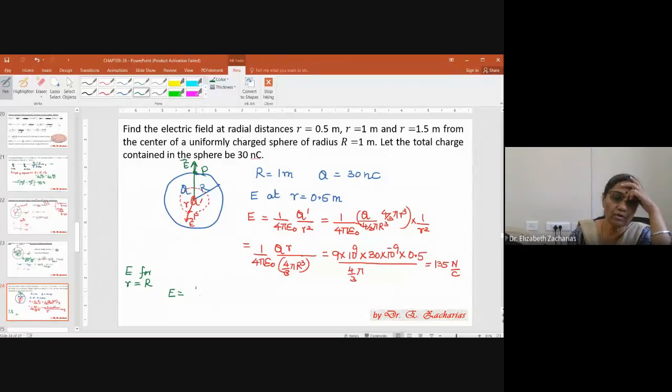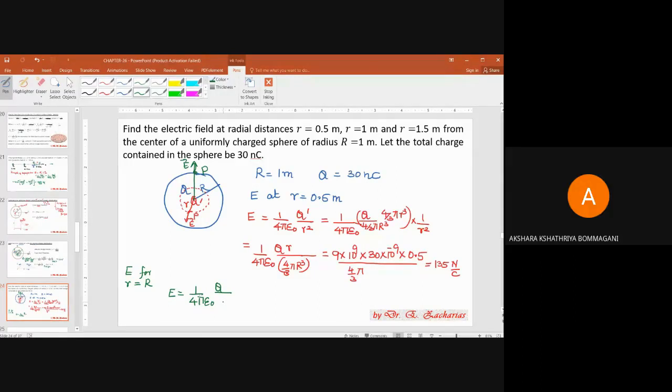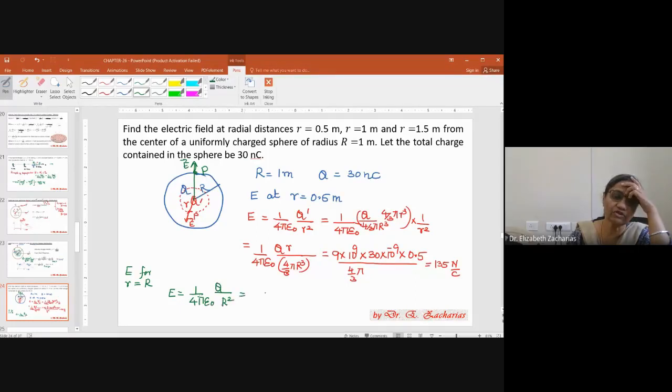So it will be 1 by 4 pi epsilon naught, then capital Q divided by, what do I write here in the denominator? Capital R square. That's it. Very good. So 9 into 10 to the power of 9 into 30 into 10 to the power of minus 9 divided by 1. So what does it become? 270 Newton per Coulomb radially out.